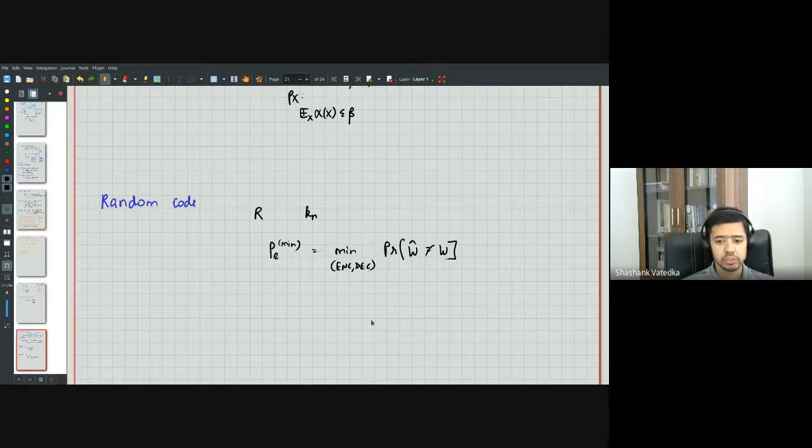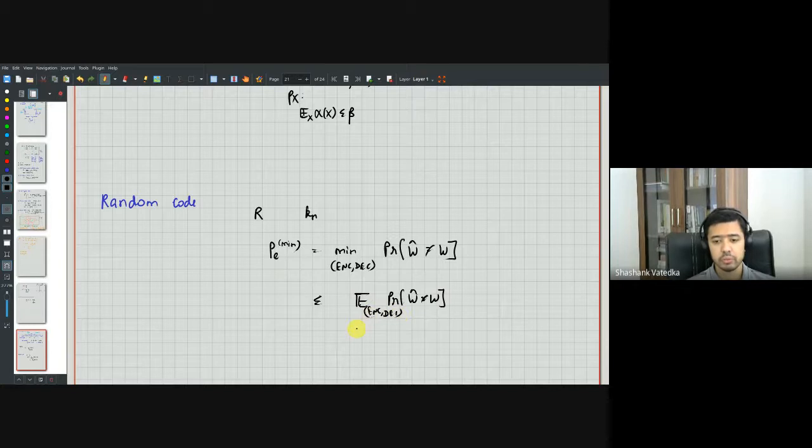So what we do is we instead try to find the average probability of error averaged over a random code. So this is obviously going to be less than or equal to the average probability of error, where now you choose the code at random. Right?